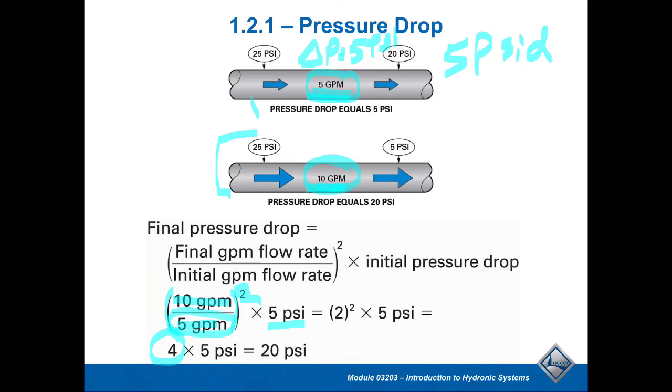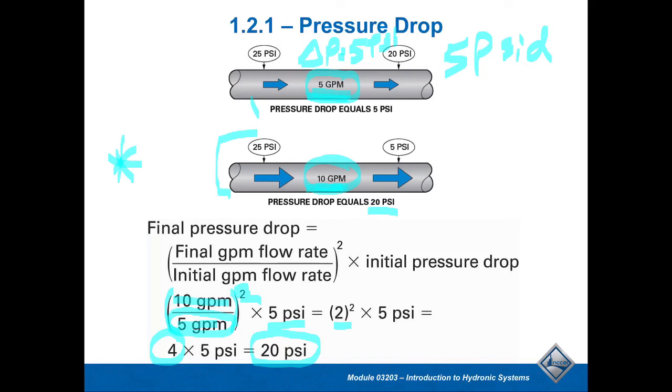We take that 4 times the original 5 psi, which is the resistance at 5 gallons a minute. 2 squared, which is 4, times 5 yields an expected pressure drop across the component equal to 4 times the initial pressure, so that would be 20 psi. This is something that you definitely need to recognize.